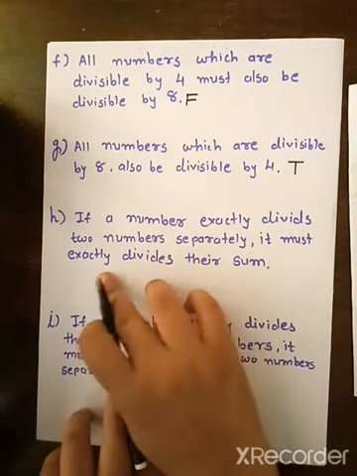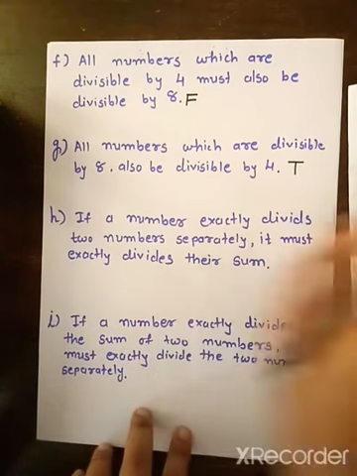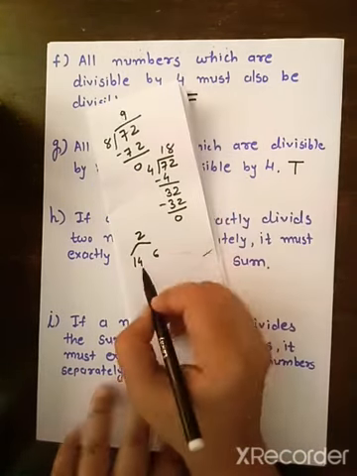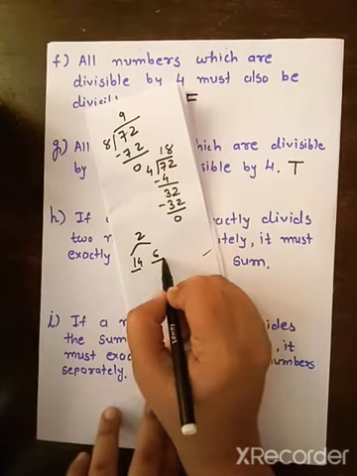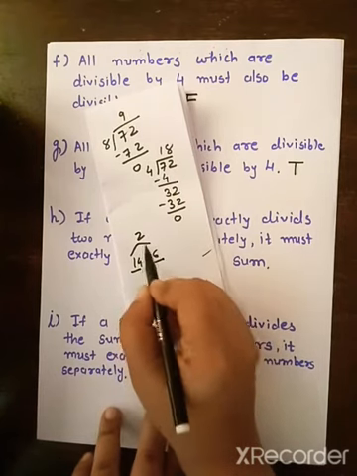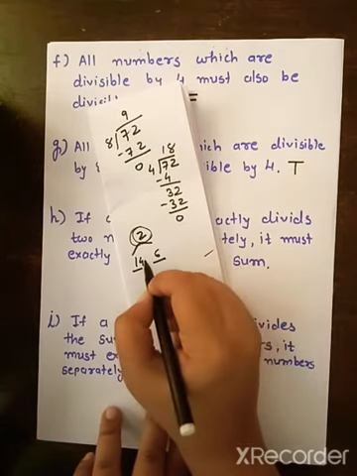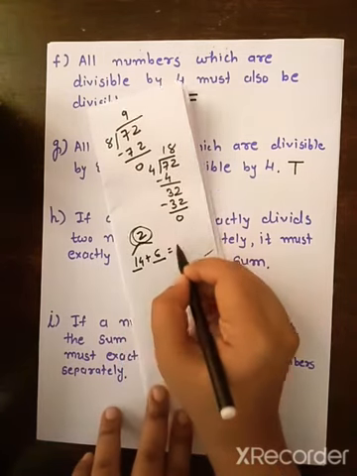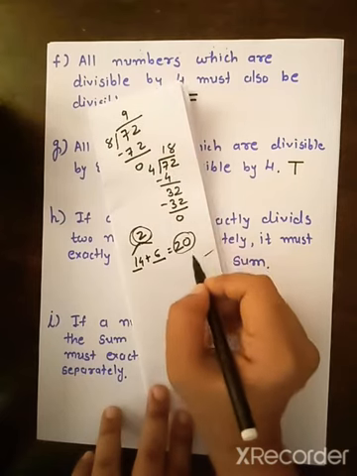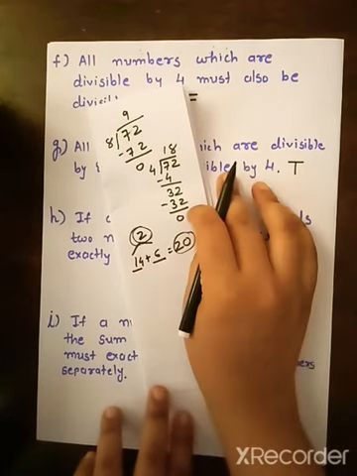It must exactly divide their sum. Their sum, that means the two numbers we took, their sum is also divisible by that number. So 14 plus 6 is 20. Again 20 is an even number, so it is divisible by 2.